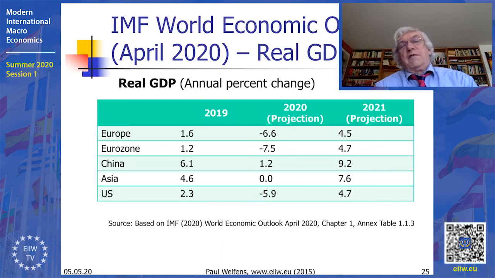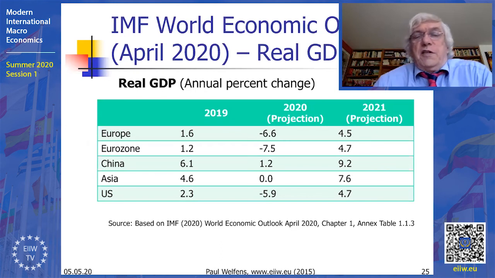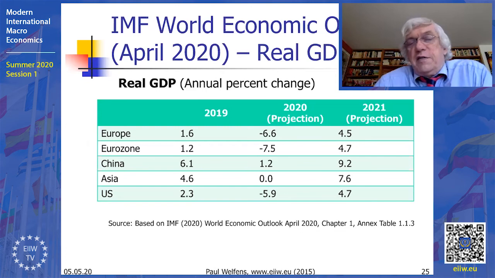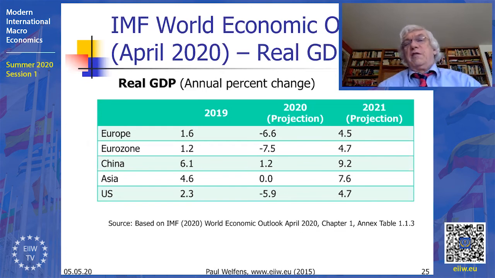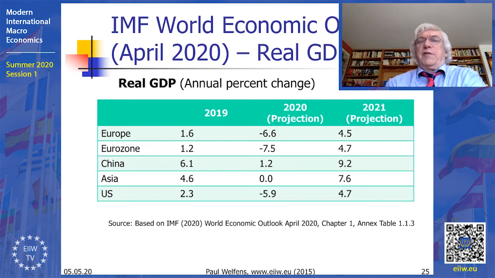Asia goes from 4.6% to 0%, and the US from 2.3% in 2019 to an expected minus 6%, we may say, in 2020. The good news is that the IMF expects that in 2021 there will be a strong economic recovery with growth rates of about 5%, in China even 9%.